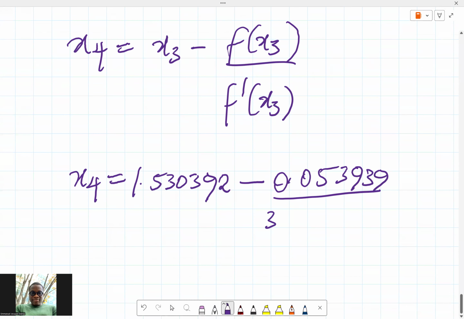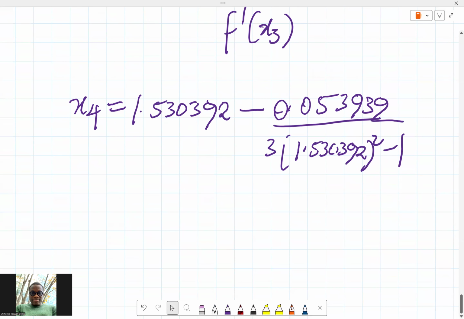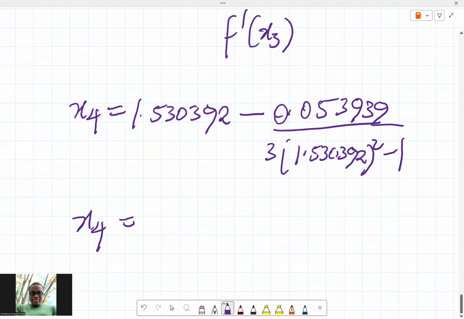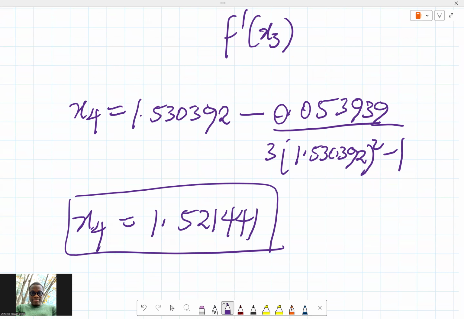So that is 3 into 1.530392 squared minus 1. If we simplify all that, our x4 would be 1.521441. So that is our x4.